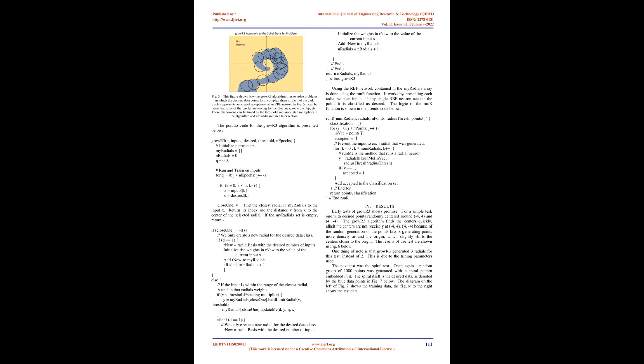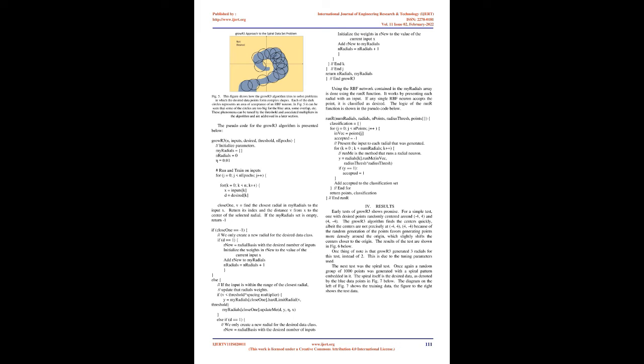If d equals 1, R_new = radial basis with the desired number of inputs, initialize the weights in R_new to the value of the input. // If the input is within the range of the closest radial, // update that radial's weights. If v < threshold * spacing multiplier, y = myradials[close1].hardlimit_radial(v, threshold).